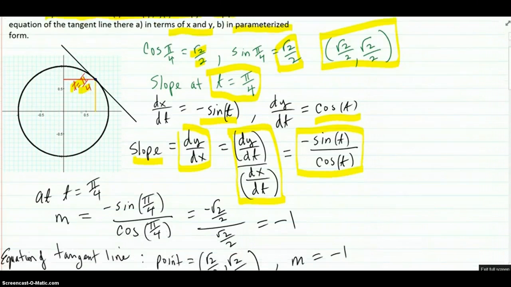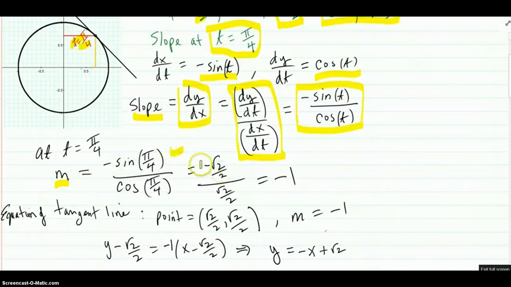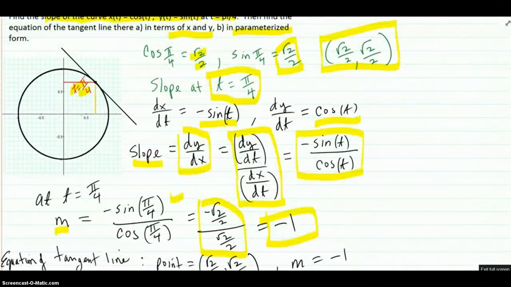And so at t equals pi over 4, the slope is equal to that quotient, which comes out to be negative 1, and that line does have slope negative 1, as you can see there.